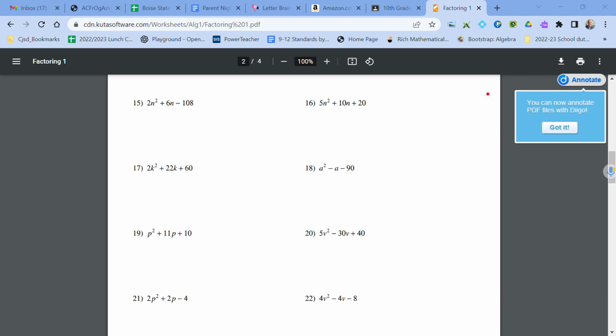All right, I'm going to just draw the 5 over here. And what's left inside is going to be a trinomial, right? So what's left here is I have this 1v squared. So I'm just going to write v squared. That's my first term. The 5 goes away, and I don't have to write the 1.